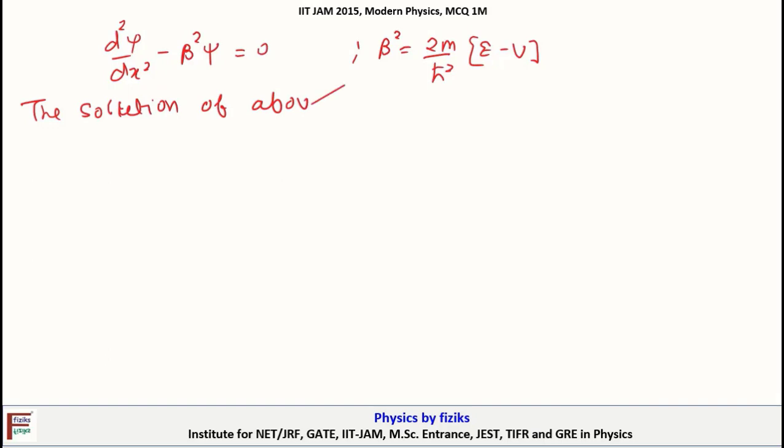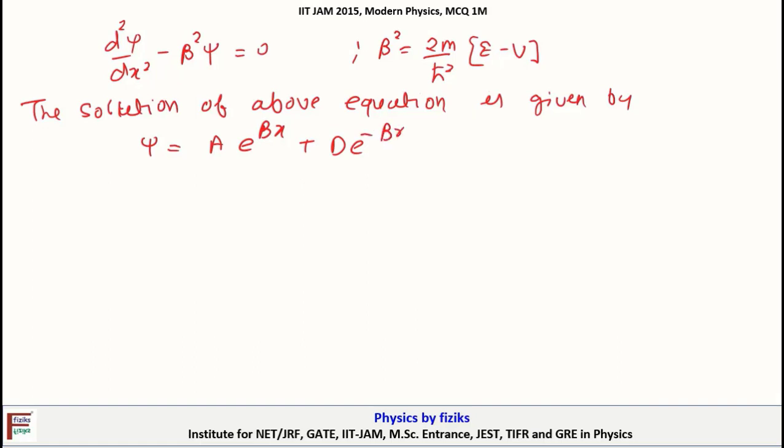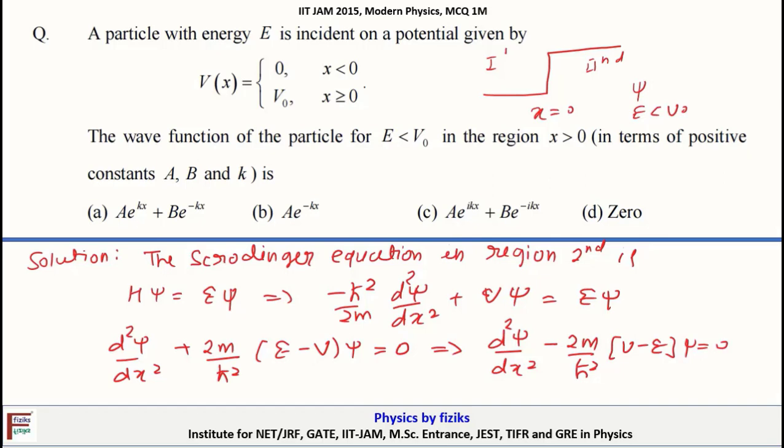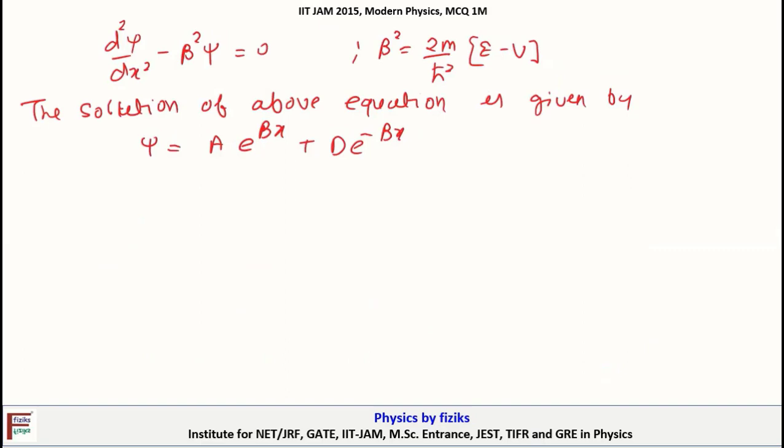given by ψ equals A e to the power beta x plus D e to the power minus beta x, for E less than V. Now we have to check the limiting case.